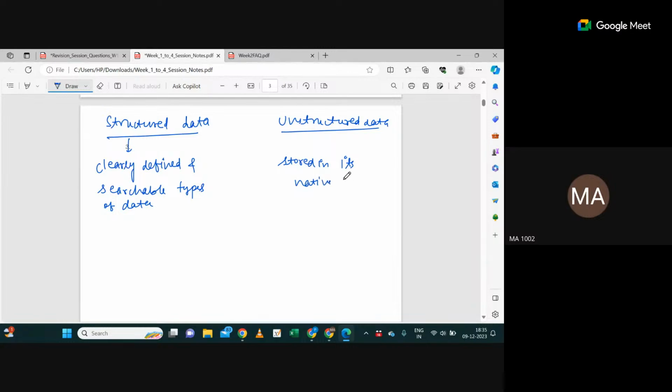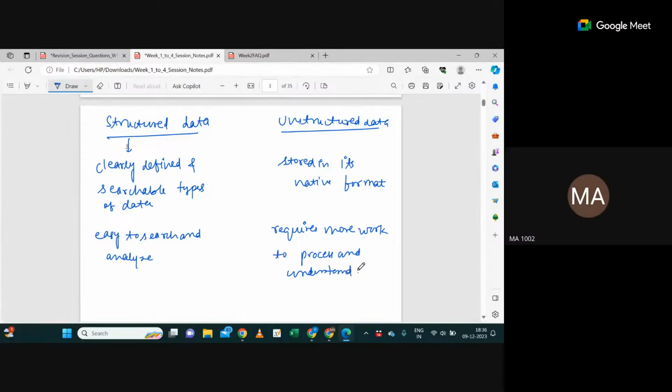Structured data is easy to search and analyze, while unstructured data requires more effort to process and understand.